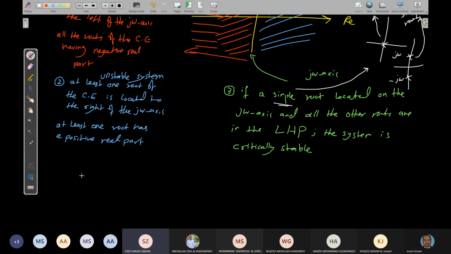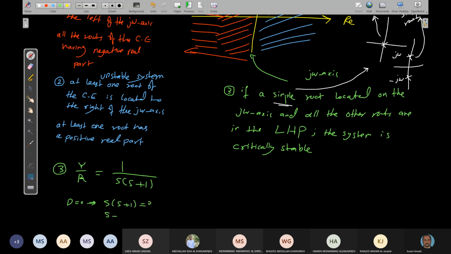Okay, let's discuss the following simple example for the critical stability. So here I will put 3. Let's assume I'm having y over r equal to 1 over s plus 1. This one, is it stable, critical stable, or unstable? Critical stable. Yeah, why? Because the characteristic equation, D equal to 0, states that s times (s plus 1) equal to 0.